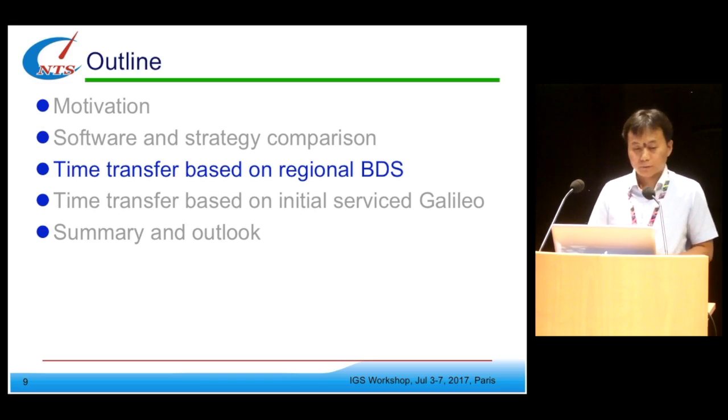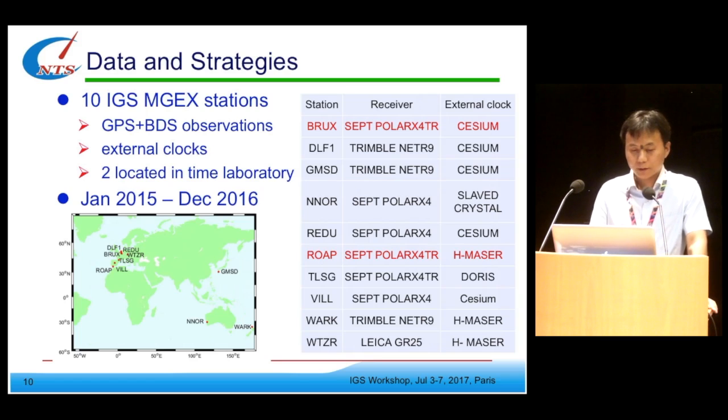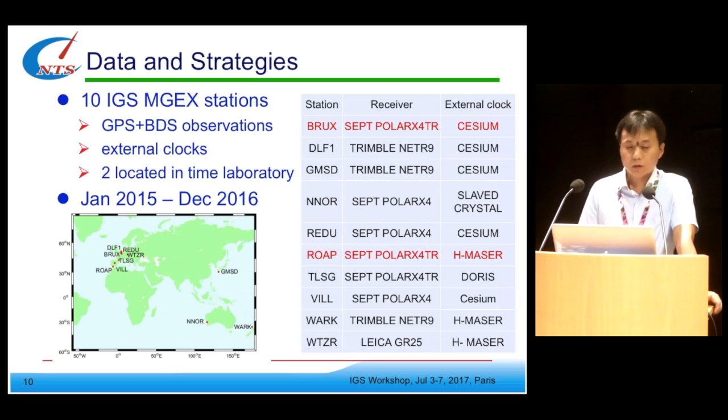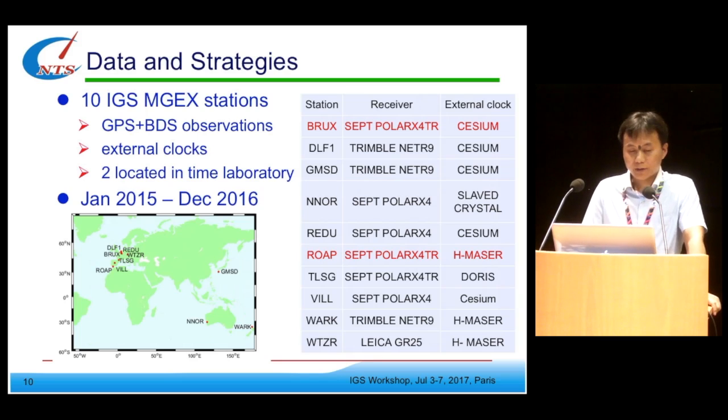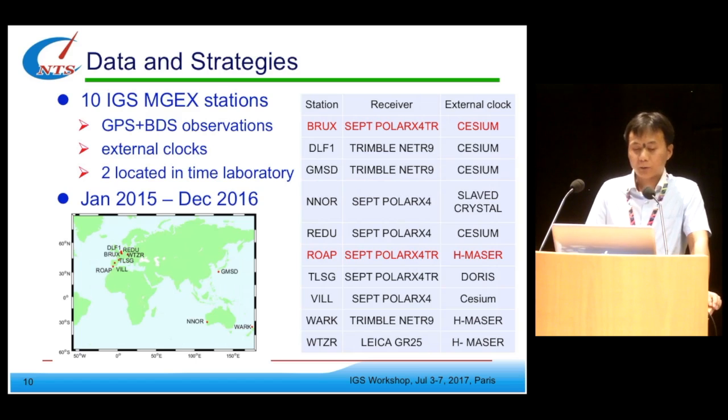For the results of BDS PPP, we used 10 MGEX stations. All these stations have at least GPS and BDS observations, and also have high-performance external clocks. 2 of the stations are located in time labs.